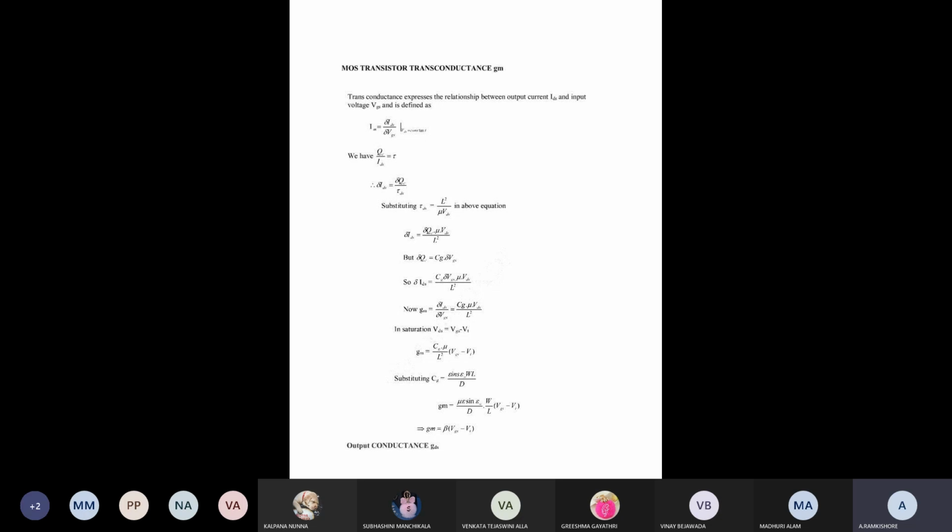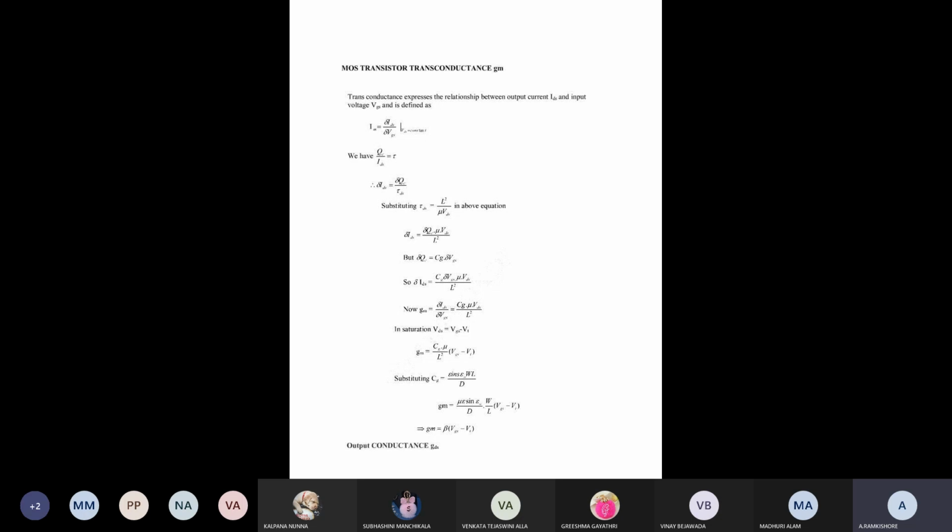Now we apply, in place of delta QC, CZ into delta VGS, that means gate capacitance into delta VGS. Then delta IDS is equal to CZ into delta VGS mu into VDS by L square.